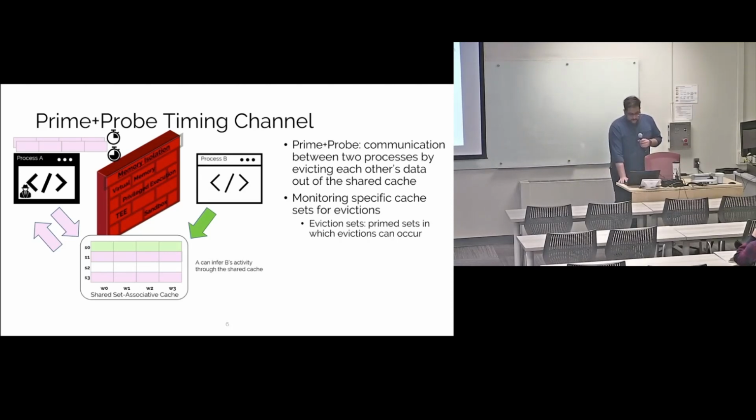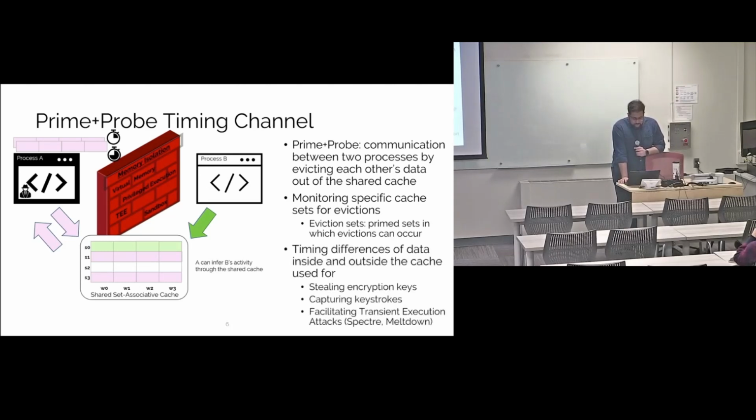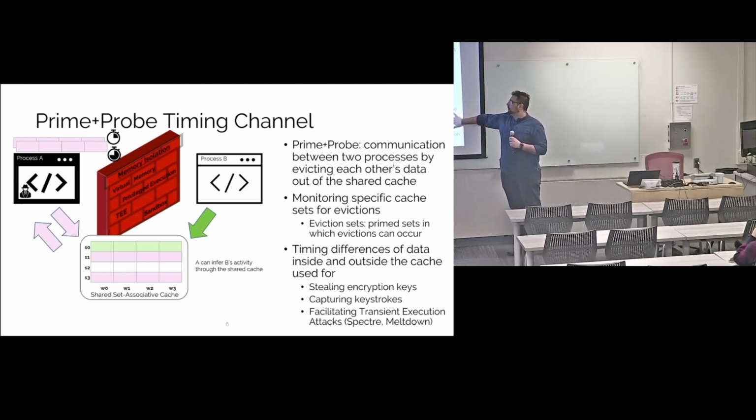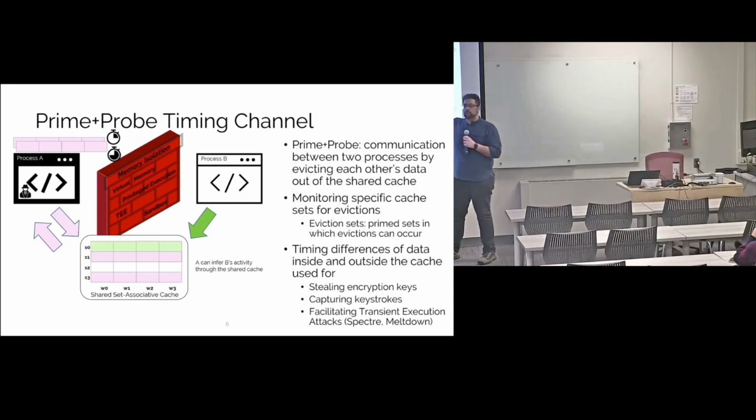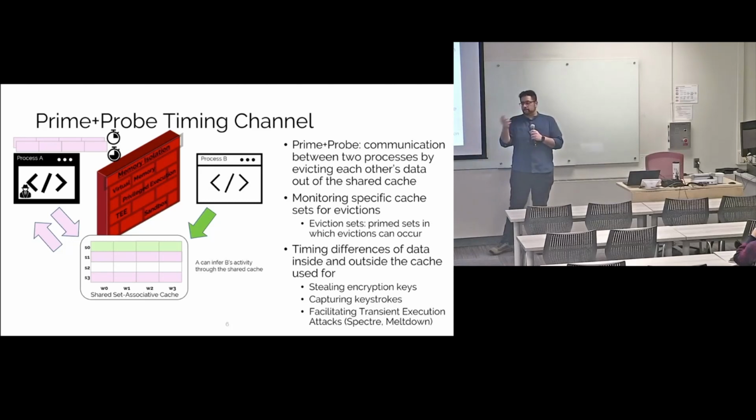So yeah, you monitor specific cache sets for evictions. And these timing differences have a lot of uses. You can steal encryption keys because the algorithm is public, so you know exactly which cache set is being used. Once you know that set 1 or set 3 is being used, that directly gives you information about the encryption key.